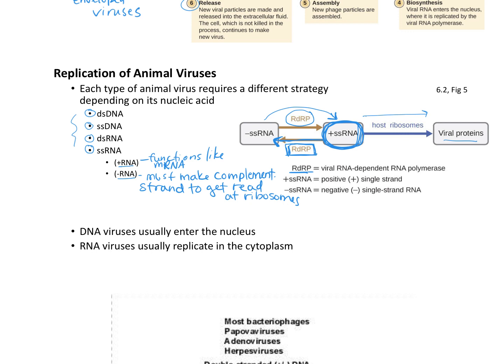And I mentioned that DNA viruses are usually going to enter into the nucleus because they need the DNA polymerase that the host has in order to copy their DNA. There are some exceptions to that. For instance, smallpox is a DNA virus, and it just brings everything that it needs with it.